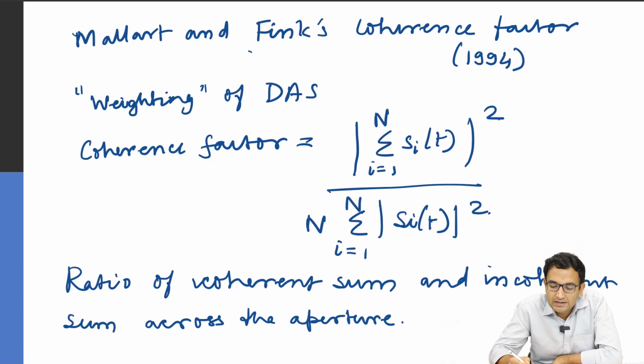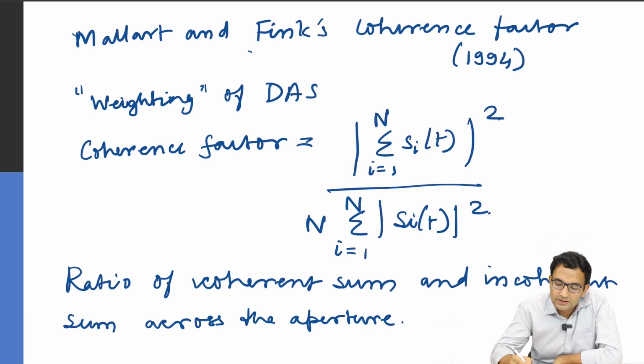So if you take these signals, you sum them up, then the phase will matter, right? There will be constructive and destructive interference. So once you first sum them and then you take the energy, which is proportional to the modulus square, then you will get what is called the coherent sum. But if you first take the absolute value of the signal, then you will lose that phase information, and then you sum them up. This is called the incoherent sum.